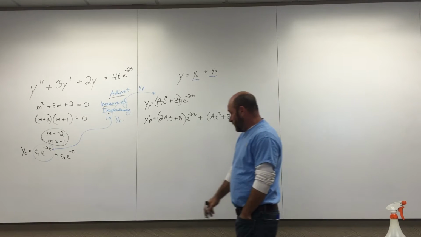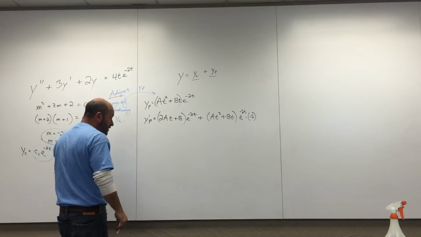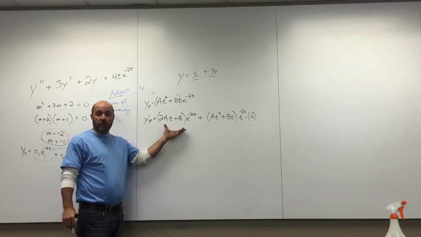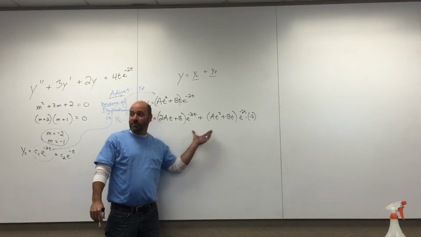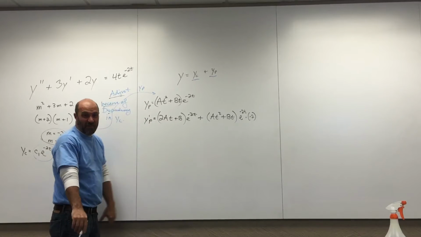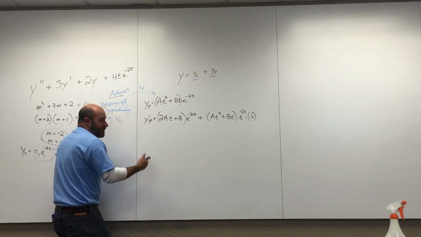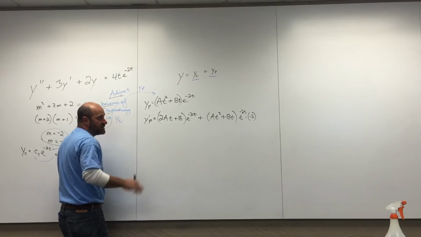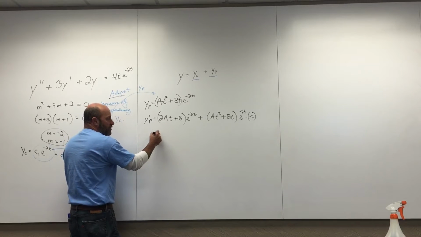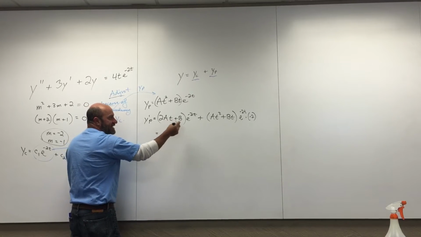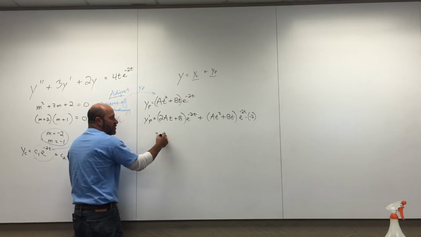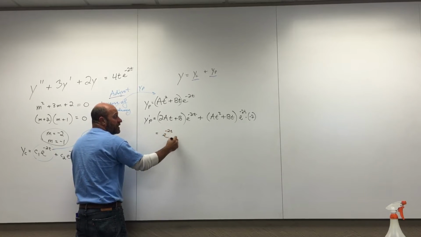I need a second derivative. A second derivative would require another product rule, actually 2 product rules. Or if you felt like it, watch this. Maybe this saves a little time, maybe it doesn't. But you could do a little cleaning before you do the next derivative. You could factor out an e to the negative 2t.